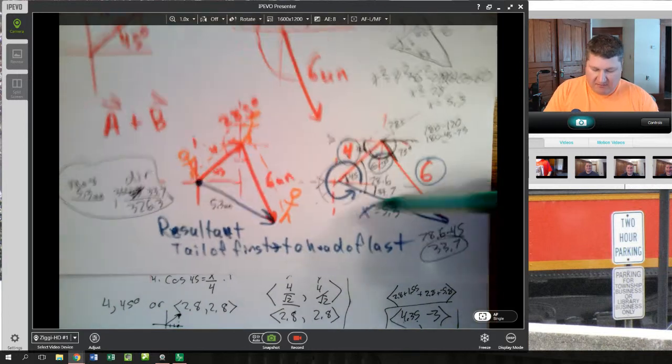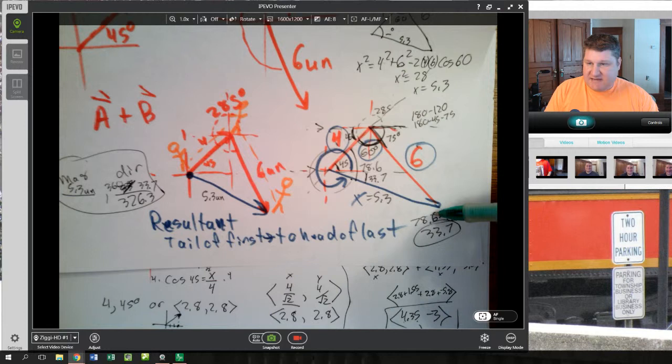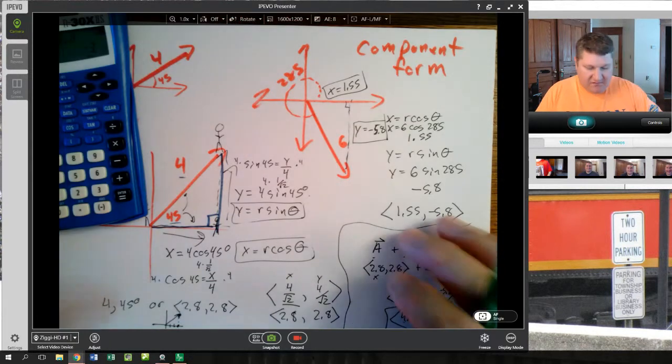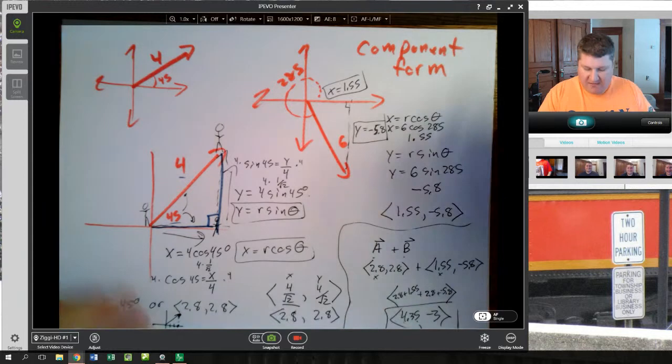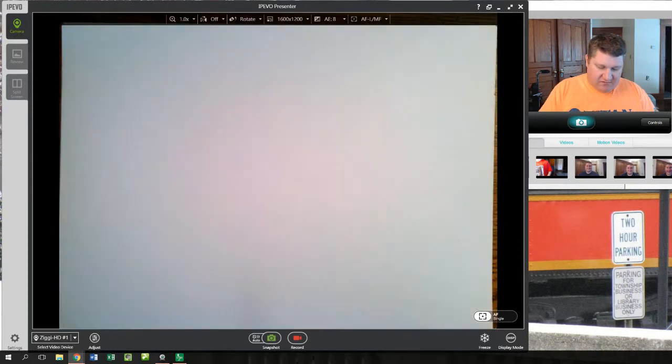By the way, let's see if that would make sense. Do we go over 4 and something and down 3 to make this blue line? The answer is yes. So very quickly, if I have this component form, I could do all sorts of crazy things with them.